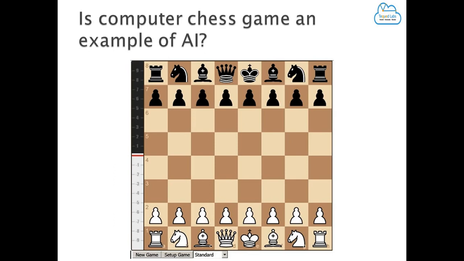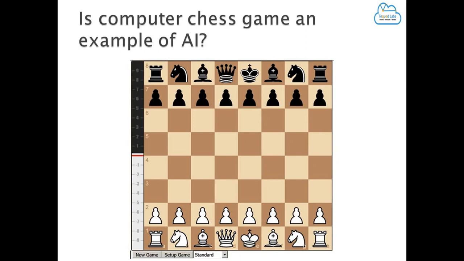Whenever you are playing with a computer device, yes, it is mimicking human behavior. What human behavior is it mimicking? It is able to play the chess game. A human can play chess, as well as a computer can play chess. But can we call it an example of artificial intelligence?